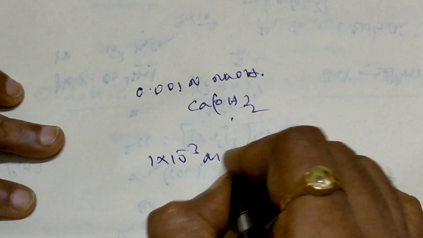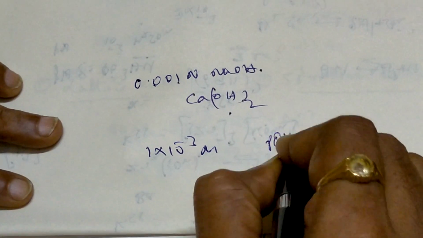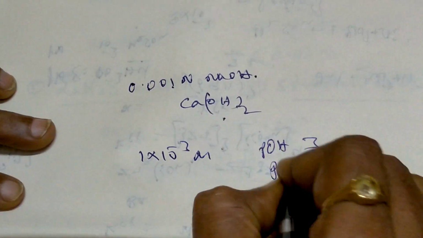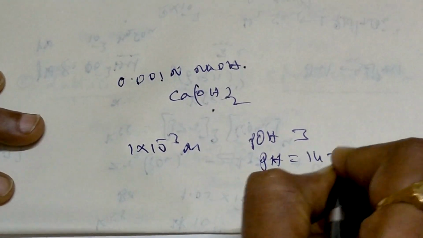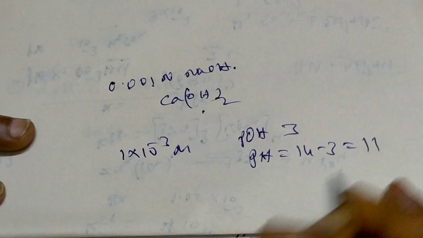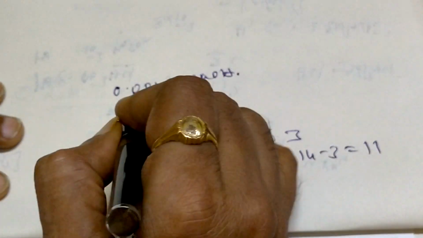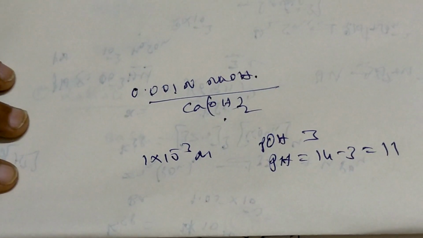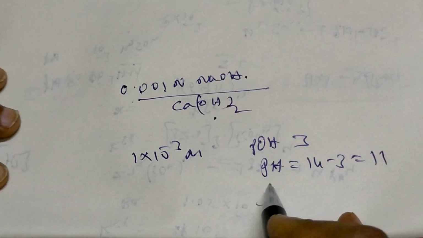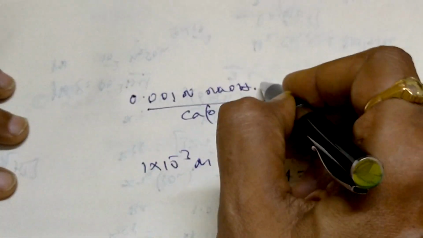So here what will be the pOH? pOH will be 3. That means pH will be 14 minus 3 equals 11. So slightly one more step will be added in the case of alkali pH if they are asking. pOH will be 3 and pH will be 11 in the case of NaOH.